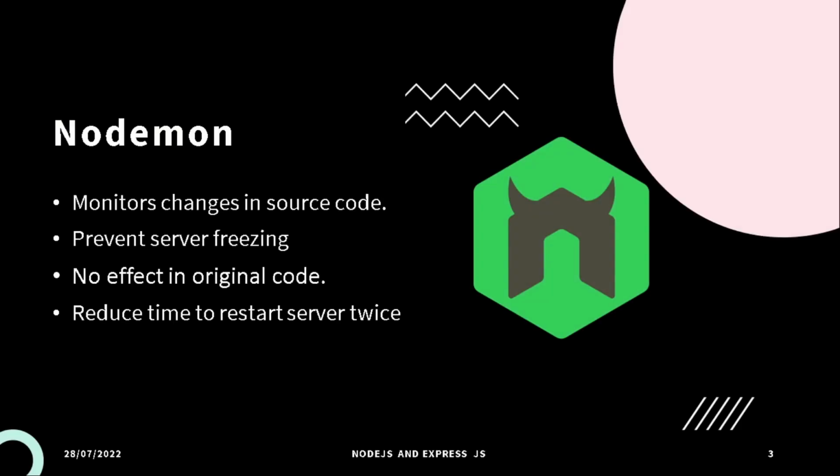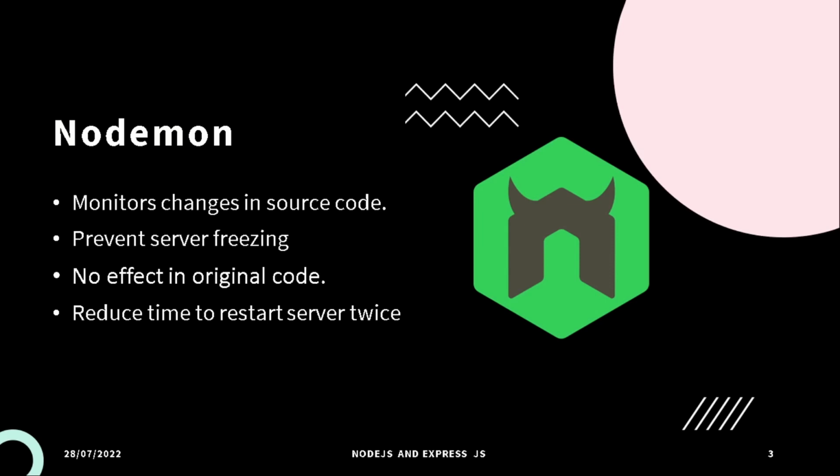So what is Nodemon? Nodemon is just a tool that monitors changes in our source code and prevents our server from freezing. Just like when we change something in our code, if we use node index.js, then our server freezes.